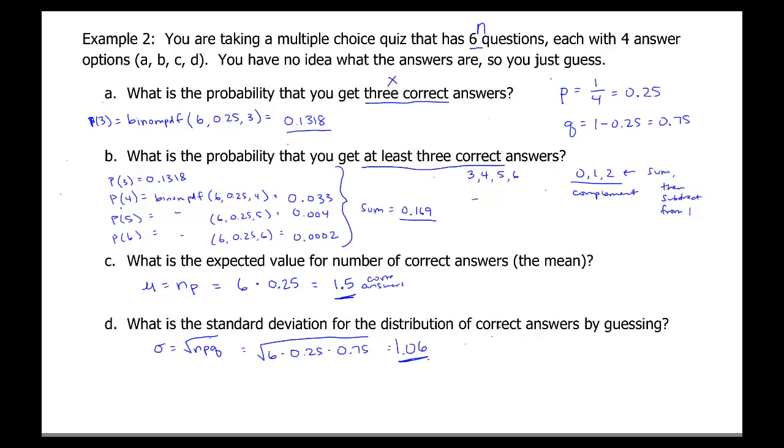And if we put labels on, we'd expect to get 1.5 correct answers with a standard deviation of 1.06 correct answers.